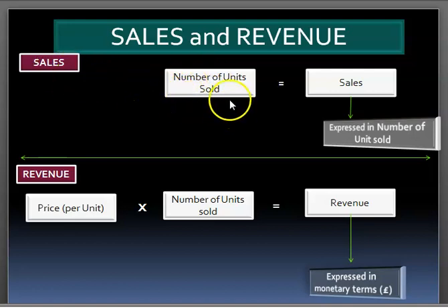A lot of people mistakenly think sales is in monetary terms. Like they say, oh, how much have you sold? I've sold £20. That is wrong. You cannot use monetary terms to express sales. Sales are usually expressed in number of units sold rather than in monetary terms.